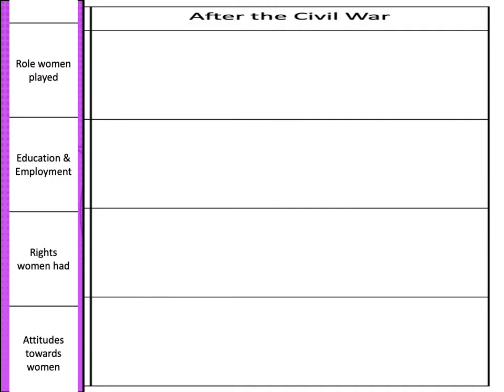So let's have a look at some of the information you may have recorded in that after the Civil War column. So we're going to focus first of all on the role women played and how the war might have changed that. So first of all, you might have written down that it was still believed that a woman's place was inside the home.